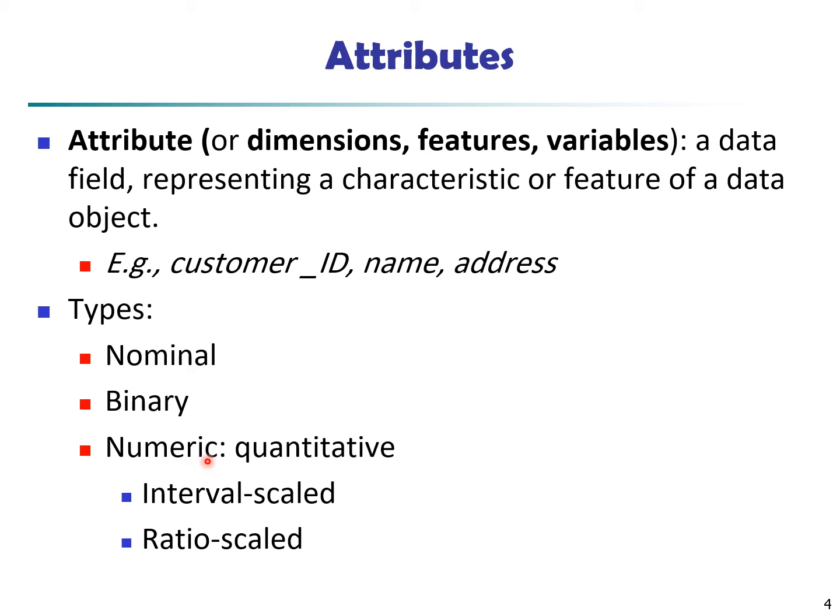And numeric is sometimes named quantitative because they represent quantities, numbers. Okay, and the numeric type has two subtypes, interval scaled and ratio scaled, and we will differentiate between these with examples in a minute.